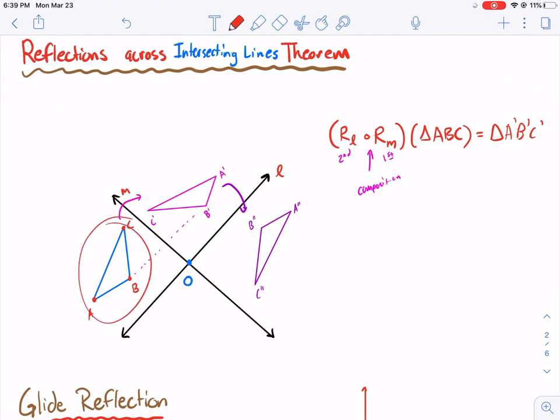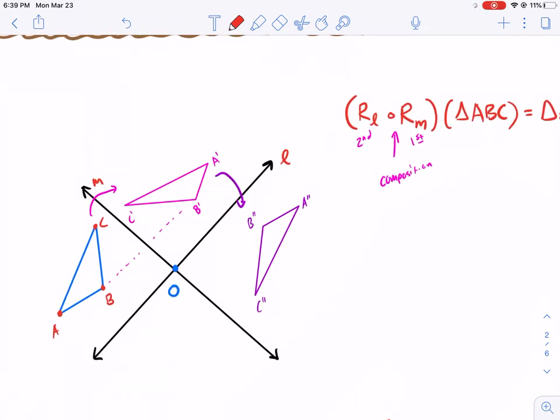Now, how are these related? Okay, we already know that these are reflections and these are reflections, but how is the original pre-image and the new image related to each other? It is a rotation. Notice how, if we look at this, okay, and let me copy and paste ABC for a second.